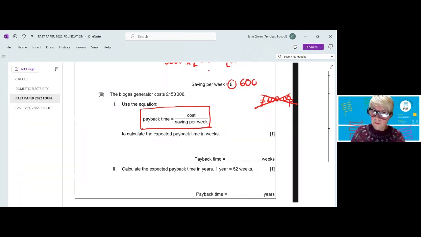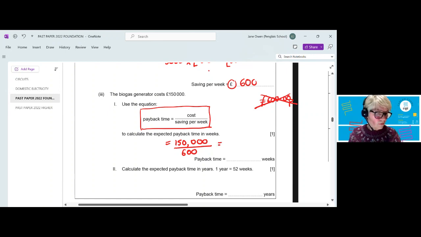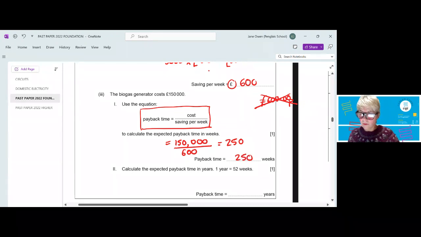So the cost is 150,000. So I divide it by the savings per week, 600. All right, and I've got an answer of 250 weeks, and I'm going to slot that into my answer section.